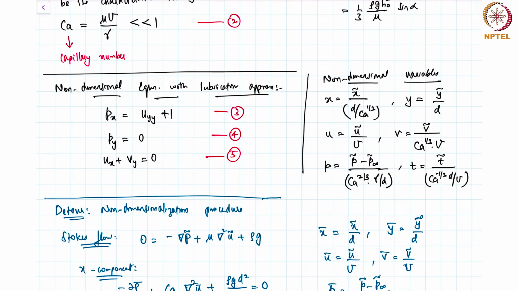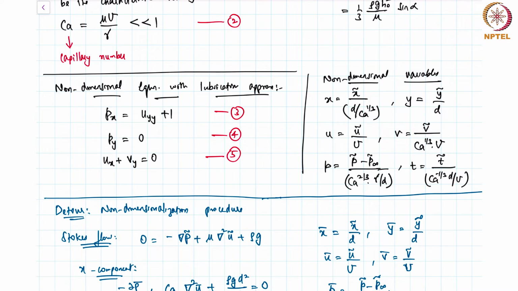So hopefully you can see the rationale for choosing specific non-dimensional variables. These non-dimensional variables that we have, x tilde going like capillary power 1 by 3 times x tilde by d, and where pressure, we have a capillary power 2 by 3 in the denominator.